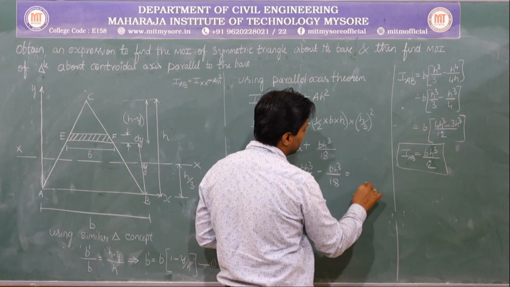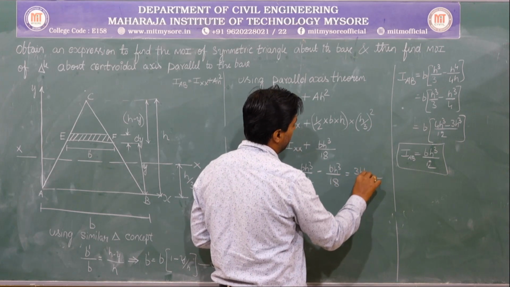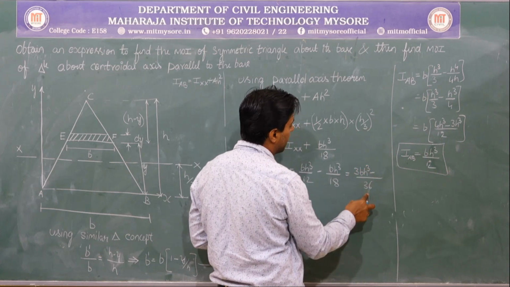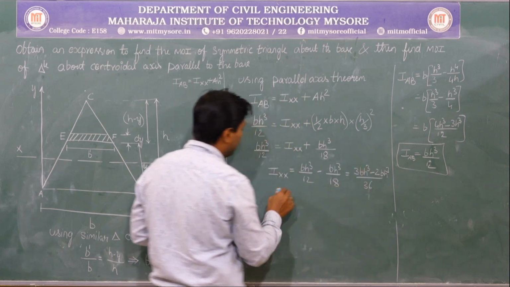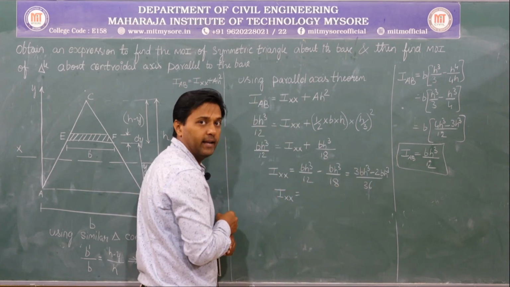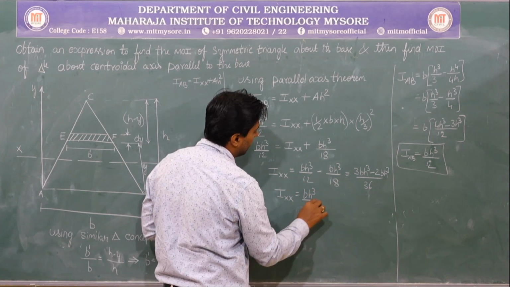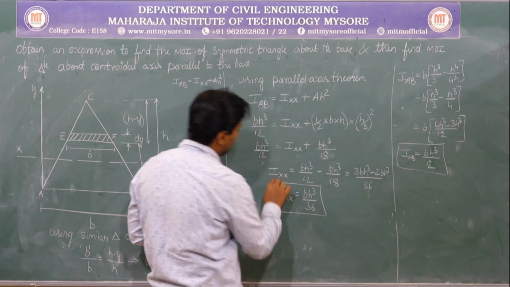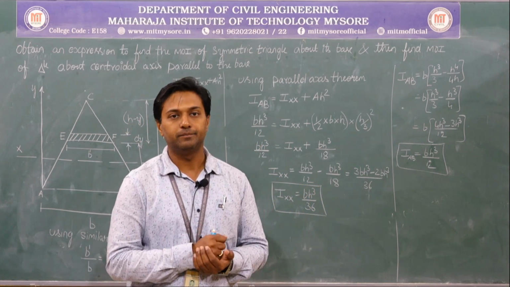If I take the LCM, it is 36. 12 3s are 36, so 3 BH cube minus 18 2s are 36, 2 BH cube. So finally, IXX for a symmetric triangle is BH cube by 36.